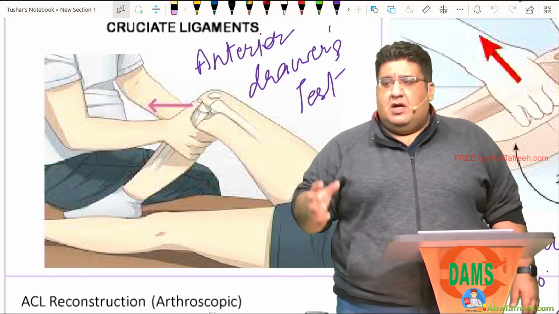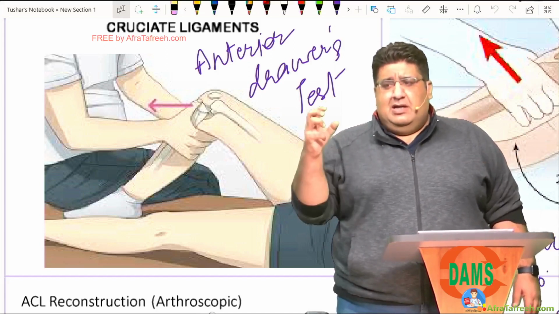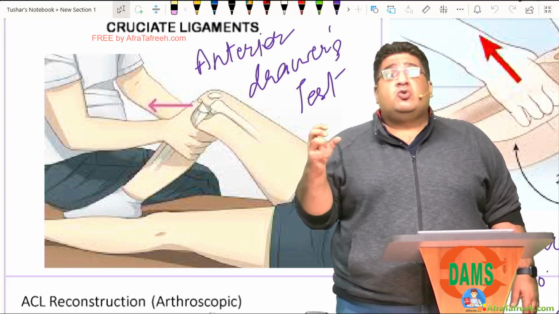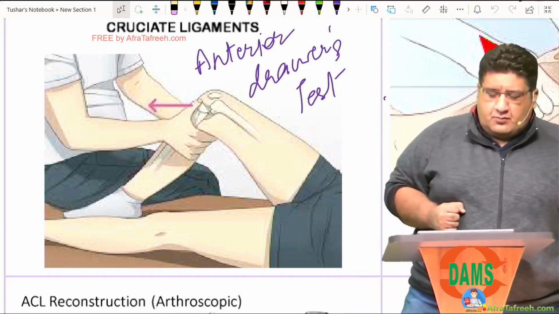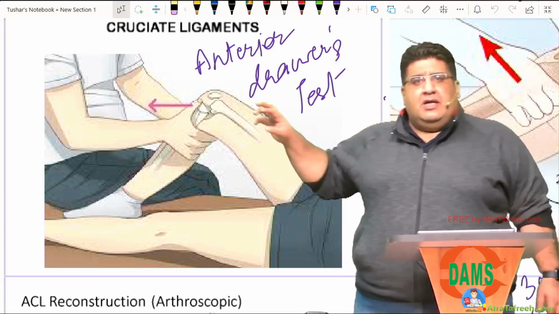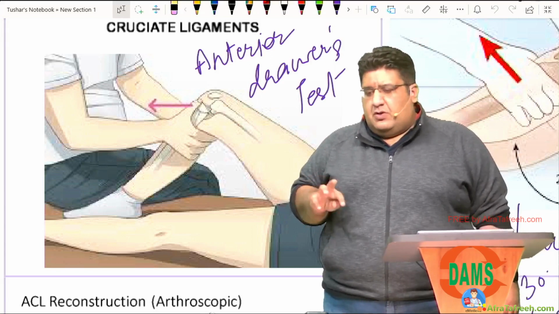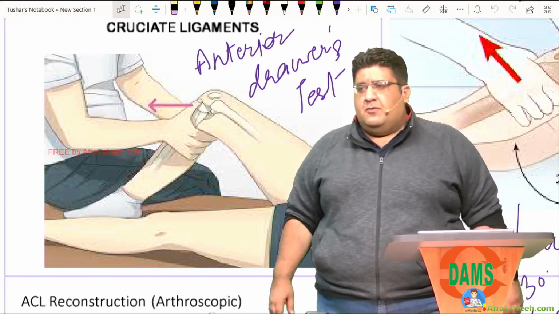Hemarthrosis means a collection of a significant amount of blood inside the knee leading to a significant swelling in the knee. So ACL tear can certainly lead to hemarthrosis of the knee, yes or no? Yes.